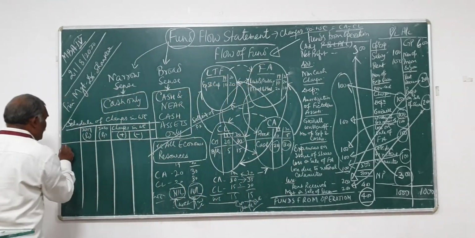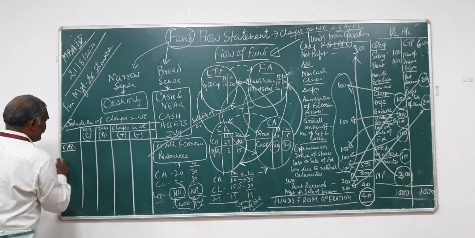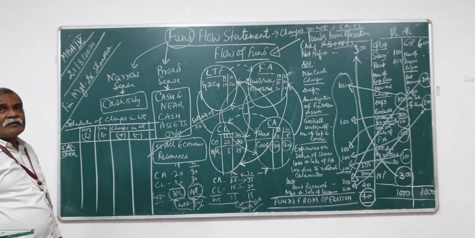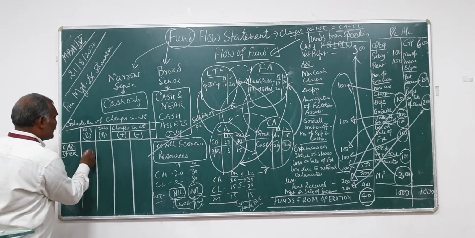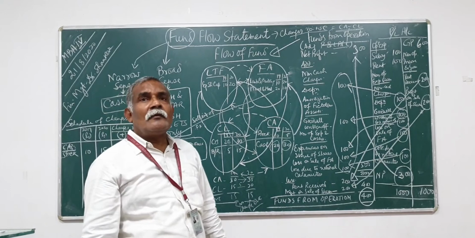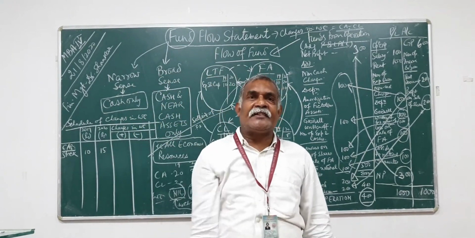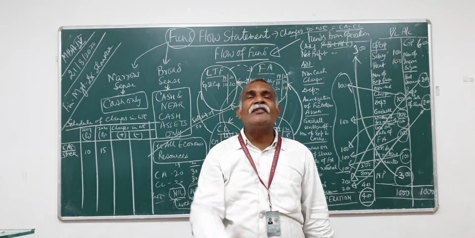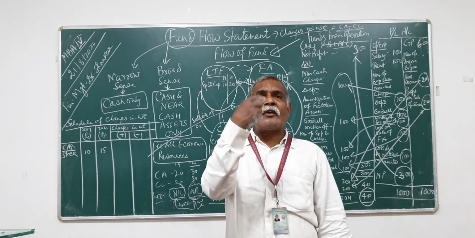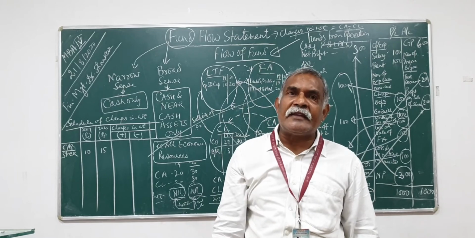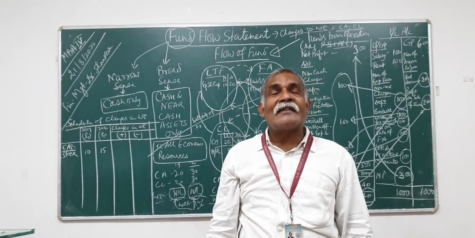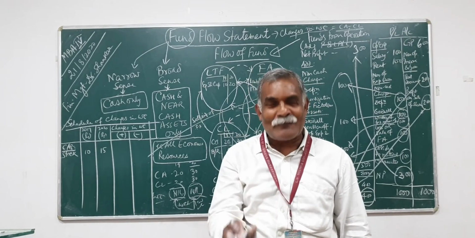Now you see, first of all, we will consider current assets. And in current assets, we take into consideration stock. Suppose stock is 10 rupees and this is 15 rupees. Now you see, one item of current asset, stock. If the stock is increasing, then what sort of effect you will find on working capital? If the current assets is increasing, working capital also increases.